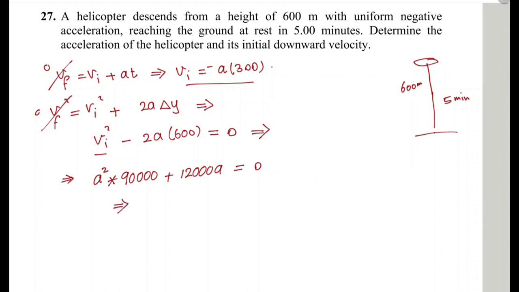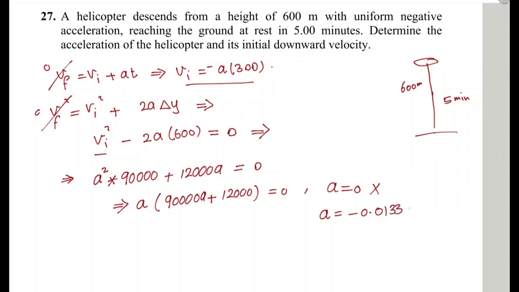In other words, a times 90,000 plus 12,000 equals 0. So a equals 0, which is not acceptable in this case, or a equals minus 0.0133 meters per second squared.